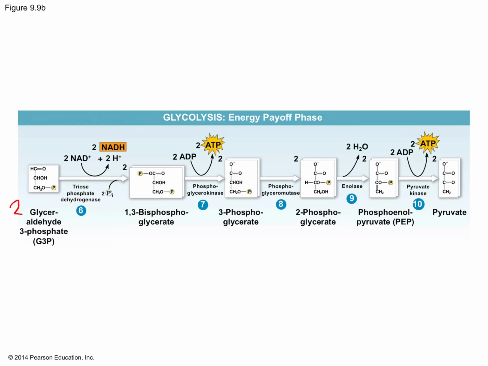All right, well, why does this happen? I mean, why are our phosphates being energized and stuck back onto these molecules again? Because this is the energy payoff phase and we need to get ATP out. How many copies? 4. So we need to replace the 2 we spent in the investment phase plus make 2 more to make this profitable, right?